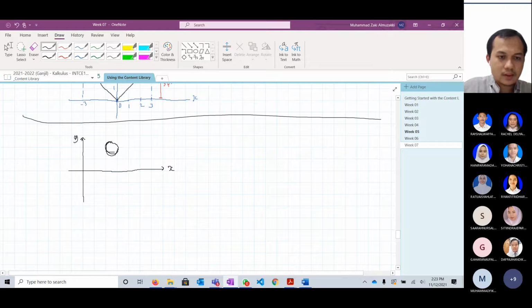Well, this is not a good circle anyway. And then we revolve the circle around the x-axis. Then we will get some kind of donut. So we will have something like this.